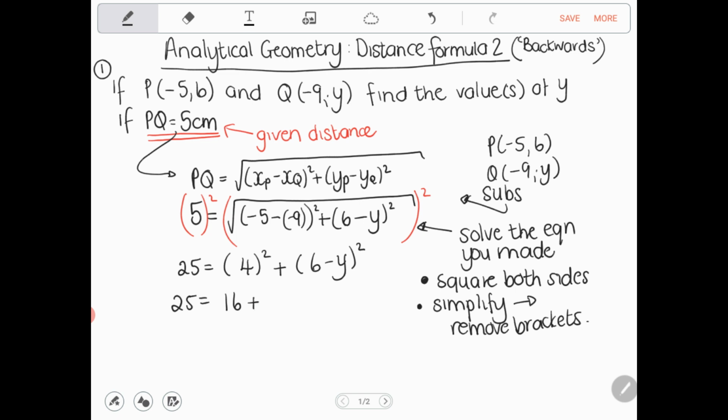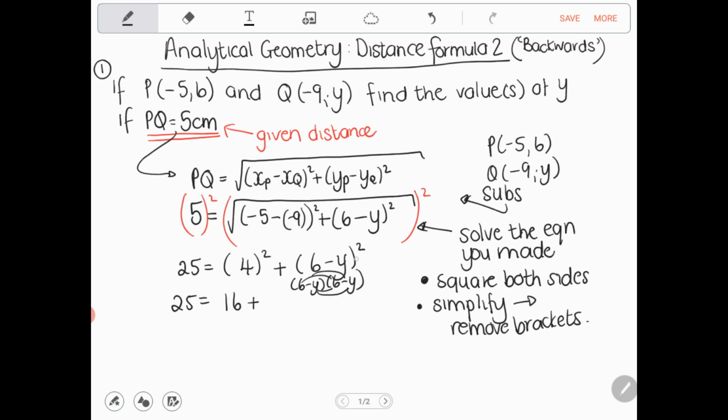Remember here we have 2 terms, so you either need to think of 6 minus y as being 2 brackets the same multiplied together, and you're going to FOIL it out, or you're going to think of your shortcut: square the first, twice the product of the two, square the last.